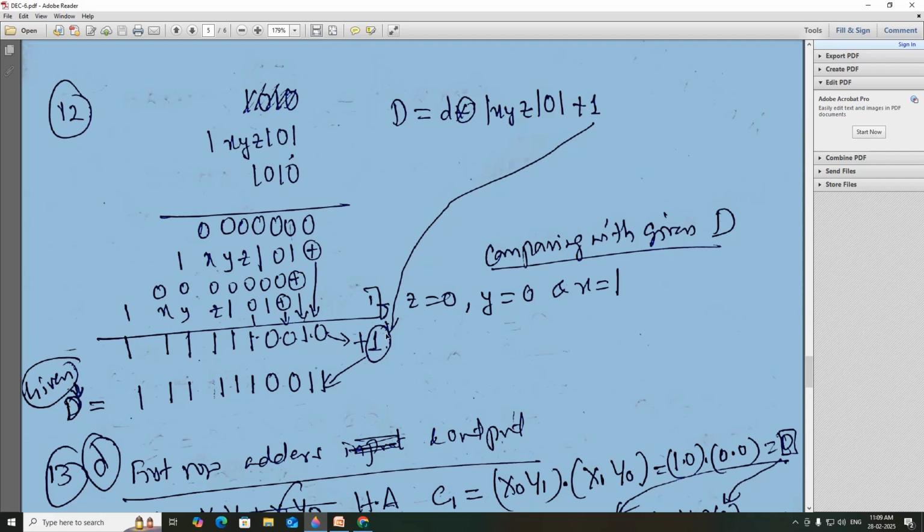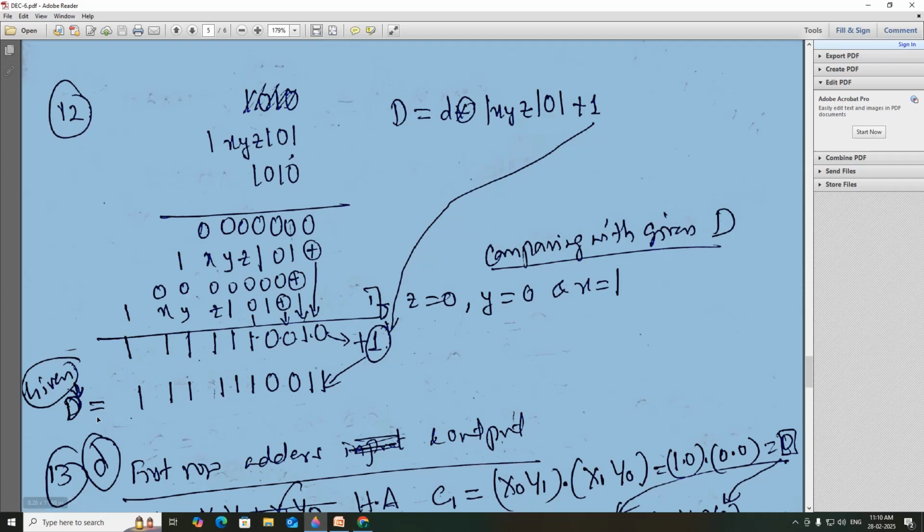But finally we have to add 1 according to the given problem. That can be obtained only if z is equal to 0, y is equal to 0, and x is equal to 1.